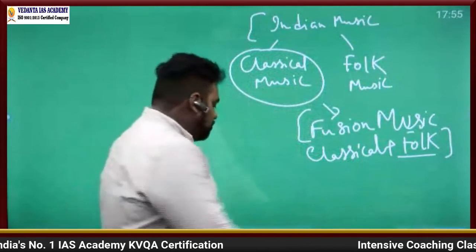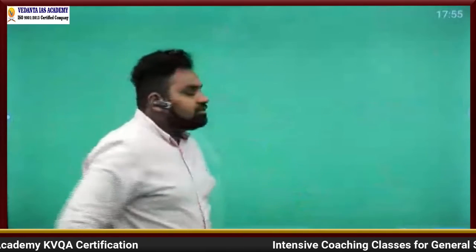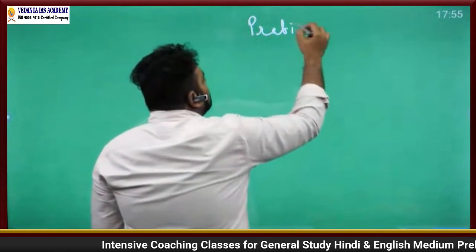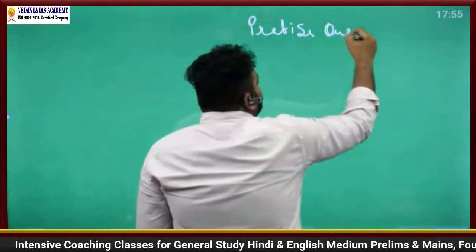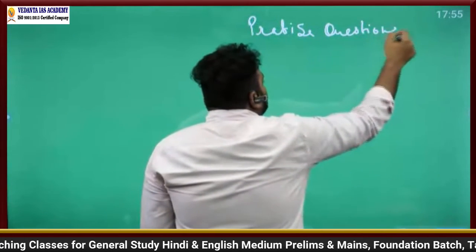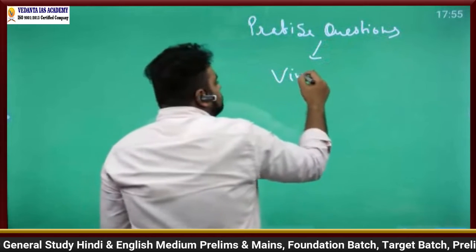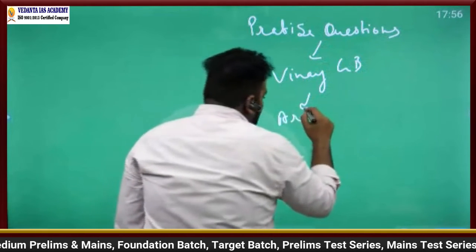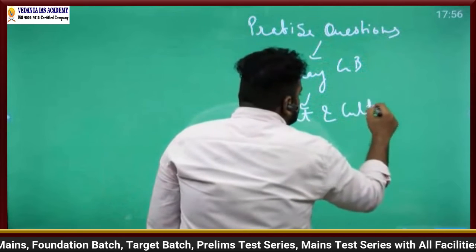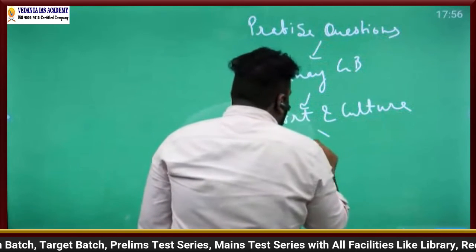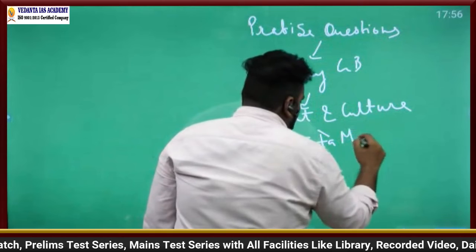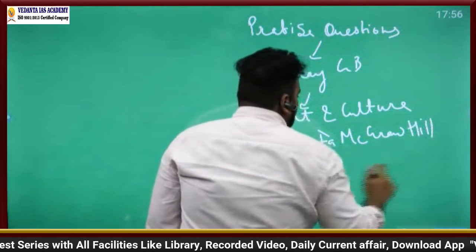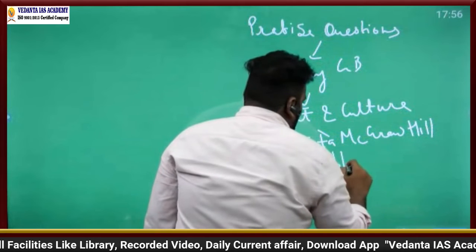And one more thing before I end this session: for practice questions, buy this book by Vinay GB. It's a separate book on art and culture, a Tata McGraw Hill publication.